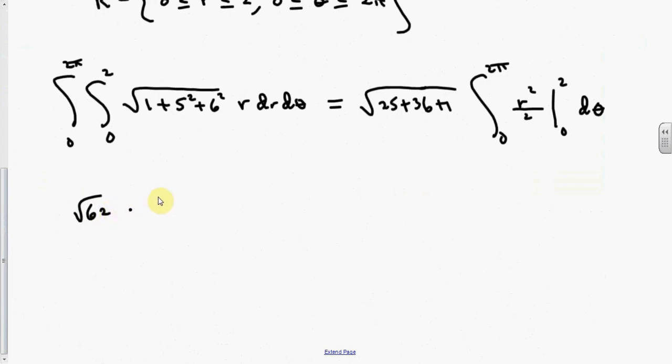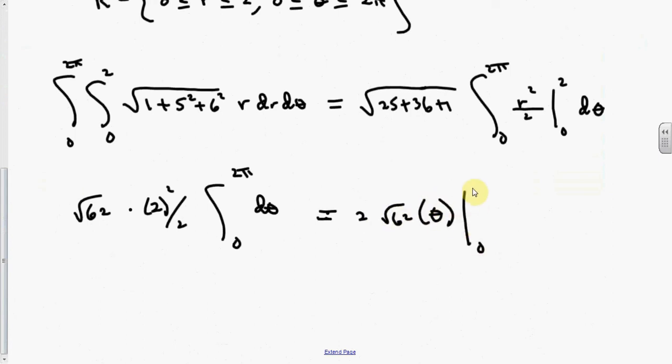And then this is times r, which is 2 squared over 2. That integral from 0 to 2 pi d theta. So this gives us 2 times the square root of 62 times theta, evaluated from 0 to 2 pi. So we get 4 pi times the square root of 62.